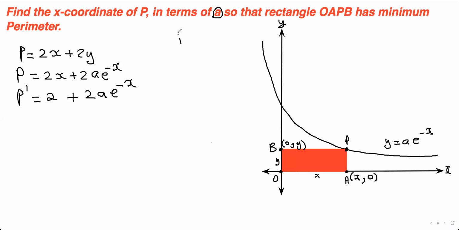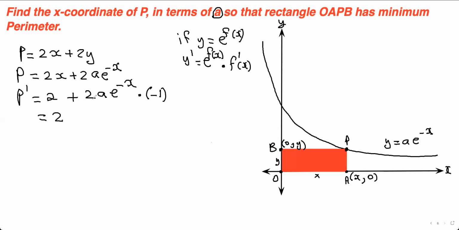So if y equals e to the f of x, then y prime would be e to the f of x times f prime of x. So basically the derivative of this is e to the negative x times f prime, and the derivative of negative x is -1. And now we have 2, that's -1 times 2, that becomes negative. So instead of a plus here, we have -2a e to the negative x.